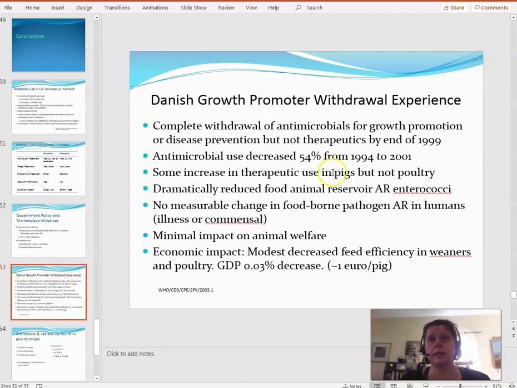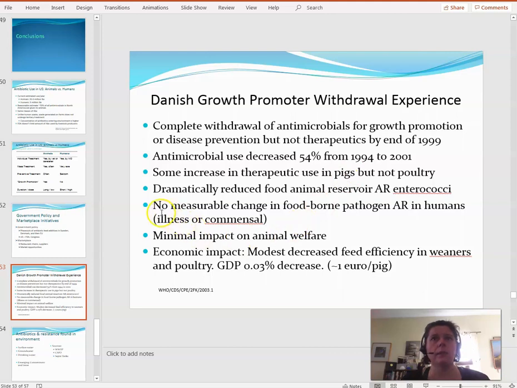They did a study in Denmark to see if we remove this, would it really change how much the animals grow, and would the producers of livestock have less efficiency. When they completely withdrew the antibiotics for growth promotion or disease prevention in 2009, antibiotic use decreased by 54% in Denmark.